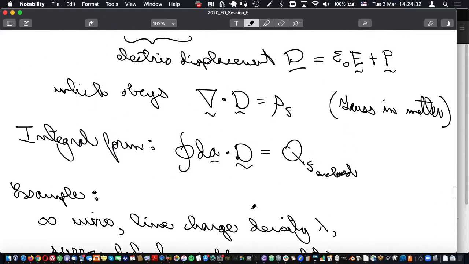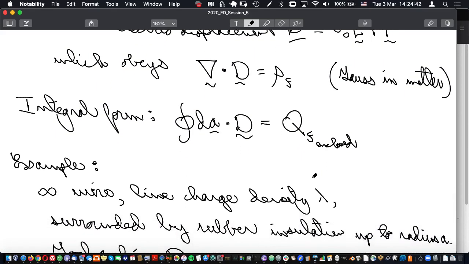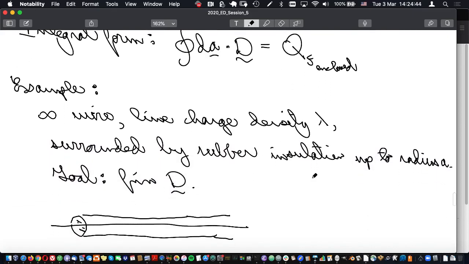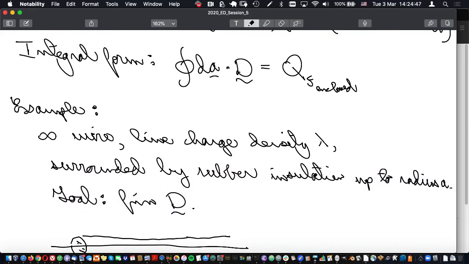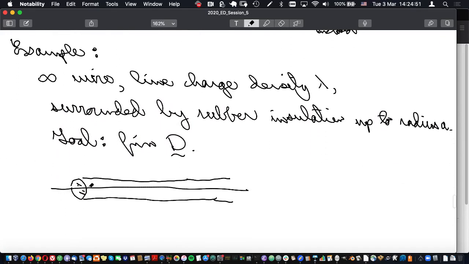Well, we go back to the Gauss form that we have here for the displacement. So what I'm going to do is consider a cylindrical Gaussian surface along the wire. Let's imagine that I draw another cylinder like this. So this is my Gaussian surface.